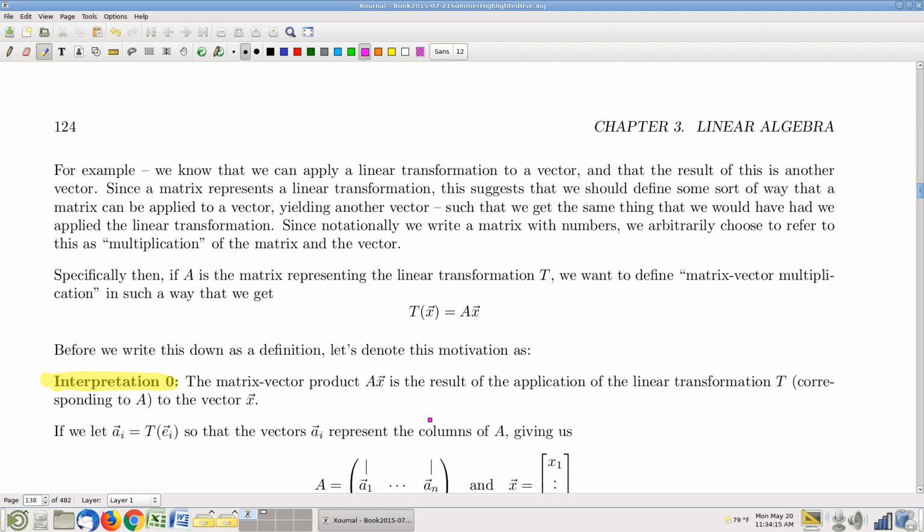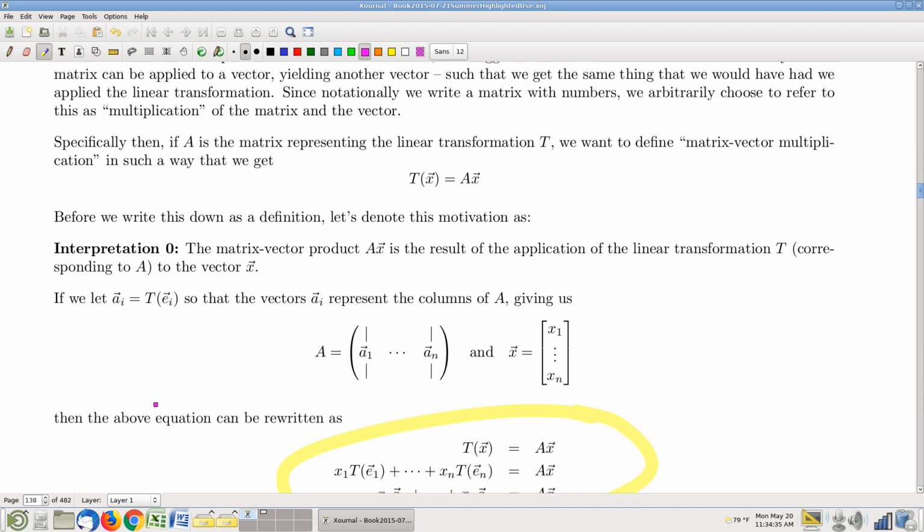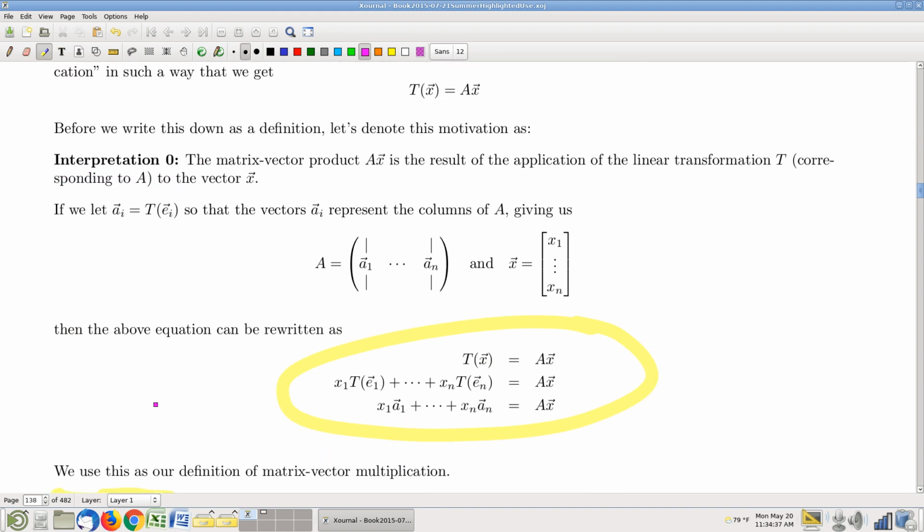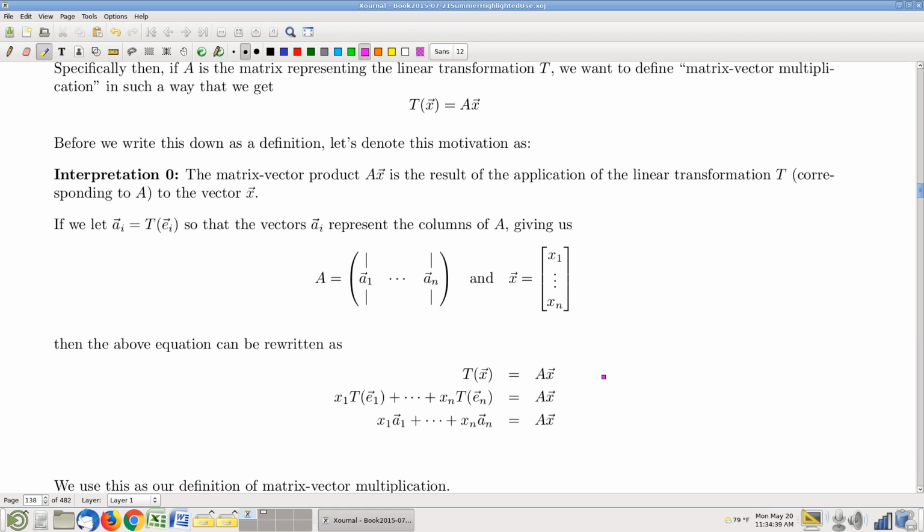This is what I call interpretation 0 of matrix vector multiplication. Matrix vector products are defined by this. The matrix does to the vector whatever it is that its linear transformation does to that vector. Okay. And then you can trace out what that actually looks like in terms of arithmetic by just using linearity.